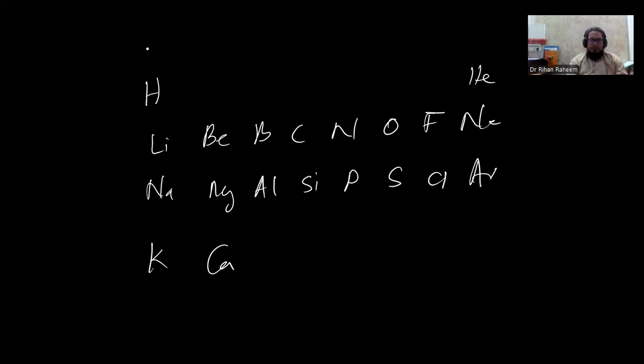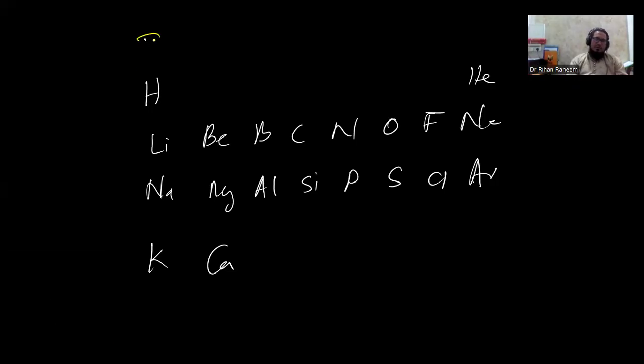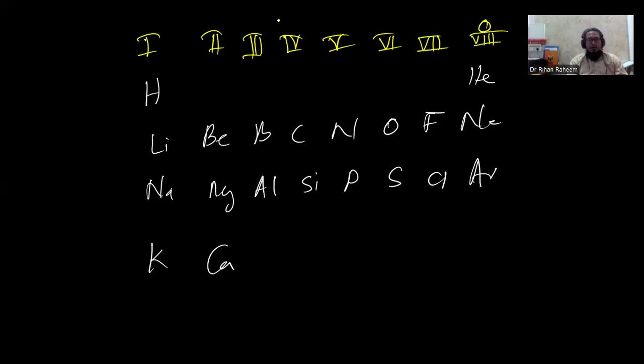So, anyways, this is group 1. Then group 2, group 3, group 4, group 5, group 6, group 7, group 8, and this is 0. Afana is here, no?